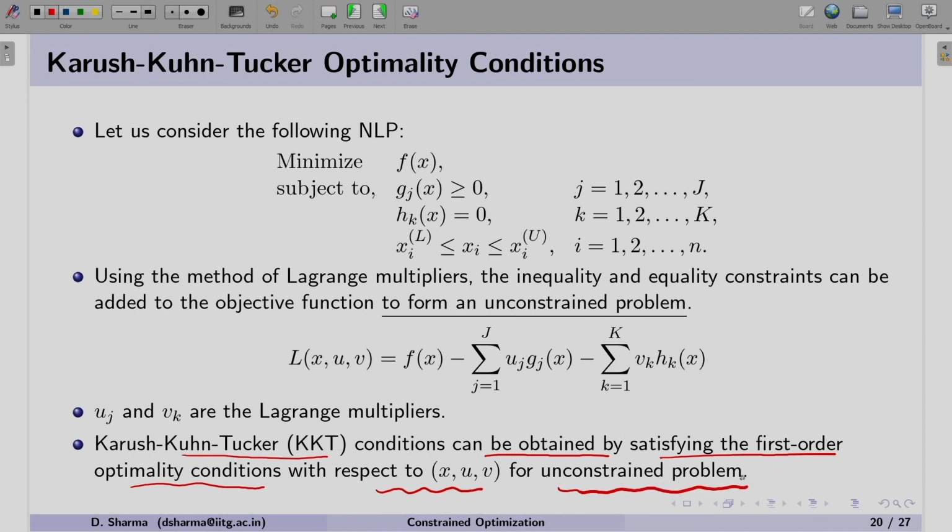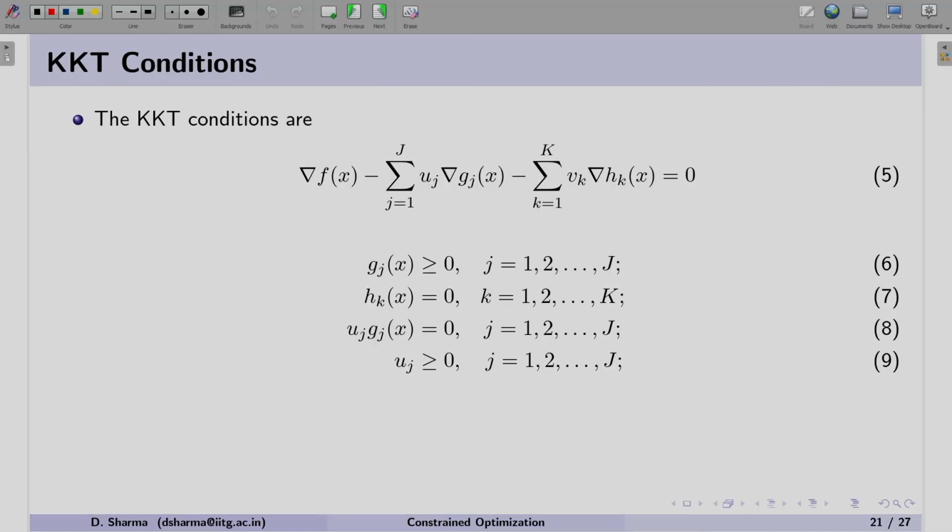This practice we have already done when we showed the optimality conditions for the equality constraint and thereafter for the inequality constraint. So, if we follow the same procedure, we are going to get the KKT conditions. So, what are those conditions? Let us see that.